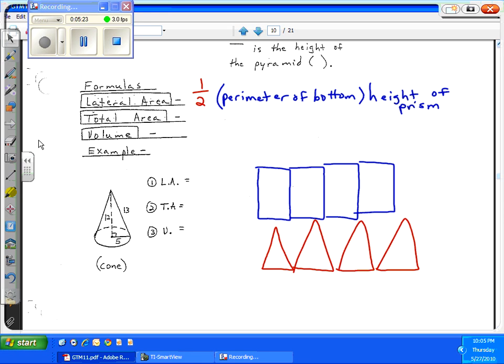The lateral area of a prism is perimeter of bottom times height. So it's 1/2 perimeter of bottom times height, but not really, because the height of that rectangle actually was the height of the prism, but the height of each of these triangles is not the height of the prism, it's the height down one side. So each of these are not heights, they're lateral heights.